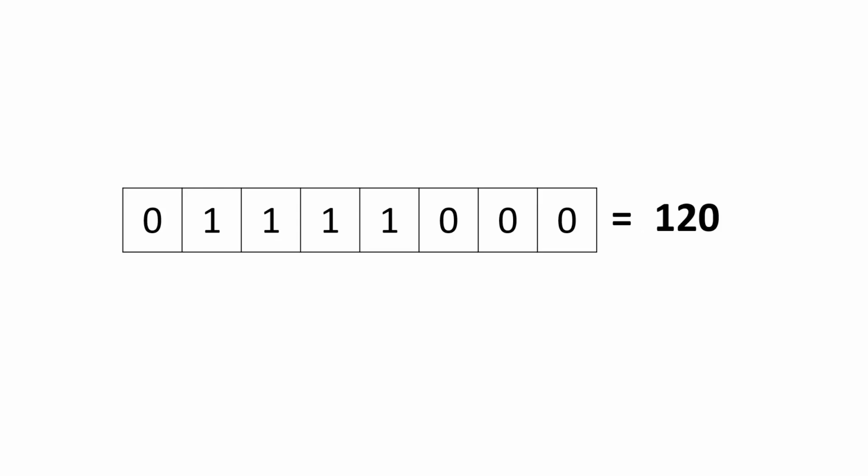So let's look at 2's complement specifically. With the highest bit being used to indicate the sign, the highest positive number that you can reach is 127. Once you go over that, the next number is going to be negative because remember, the highest bit is going to flip over and become a 1. So what do you think the next number is going to be? The answer may surprise you. The first negative number that you encounter is minus 128.